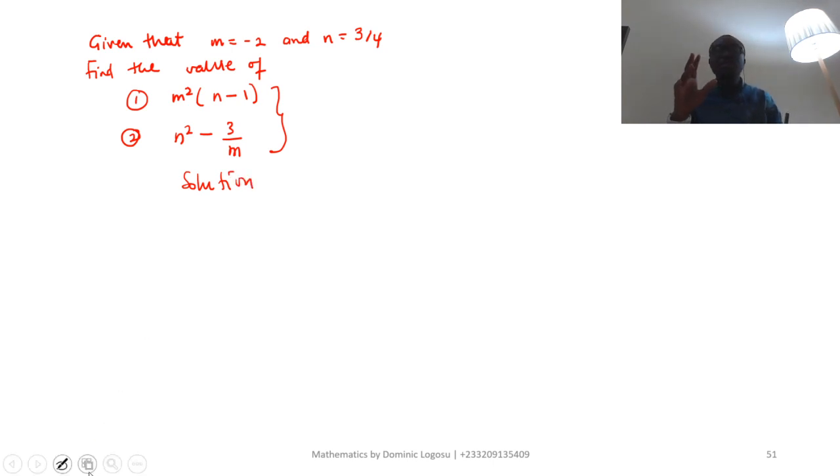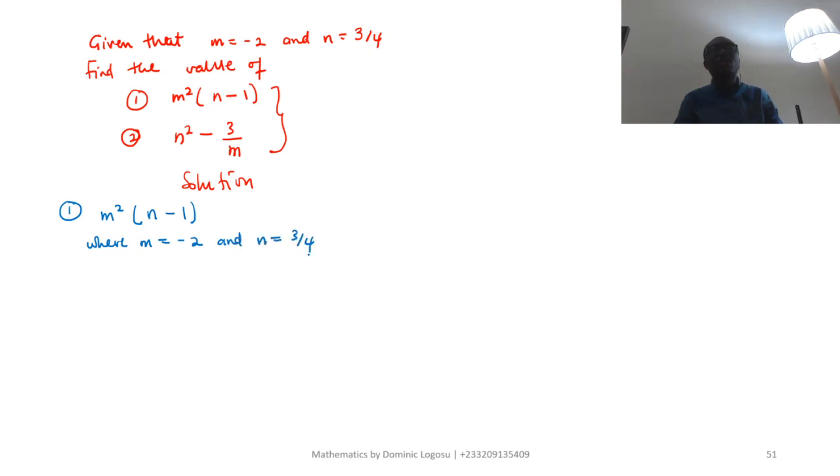And to solve this, I'm going to use the blue marker for question 1. So the question 1, we have m squared into bracket n minus 1. Okay, now we have where m equals -2 and n equals 3/4.